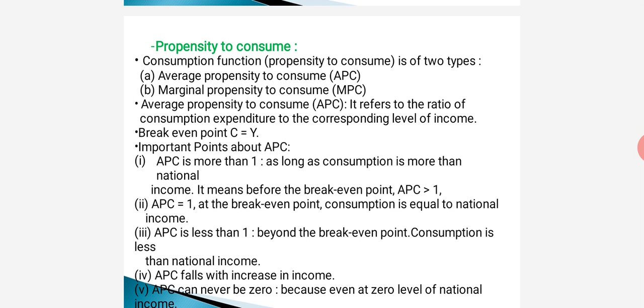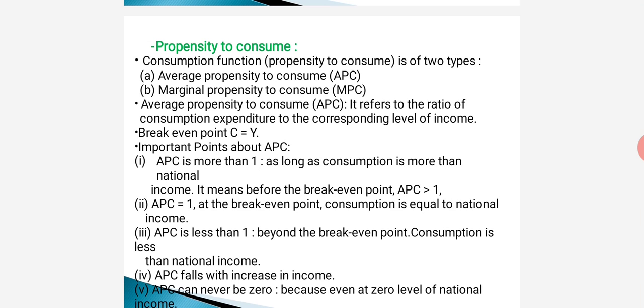Important points about APC are as follows. First, APC is more than 1 as long as consumption is more than national income, that is, before the break-even point. The break-even point is where savings become 0, so consumption is equal to income and our whole income goes into consumption.